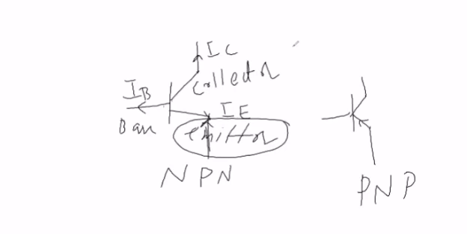So that is the current due to electrons, but you know that we always take conventional current. So if we draw in terms of conventional current, then this will become like this.